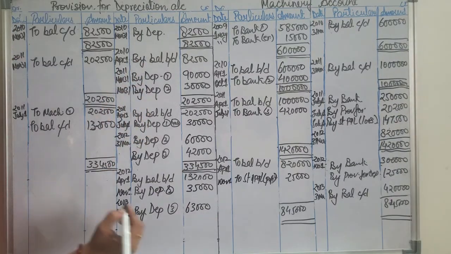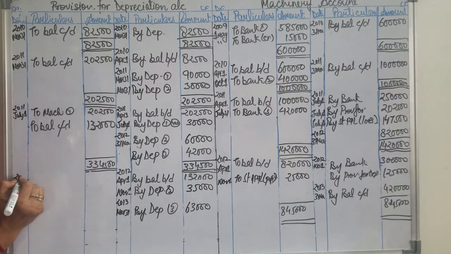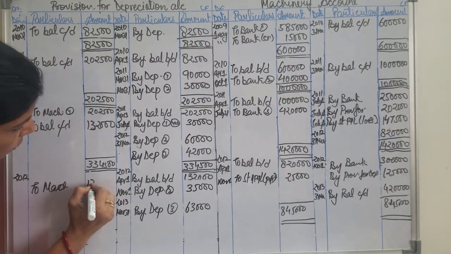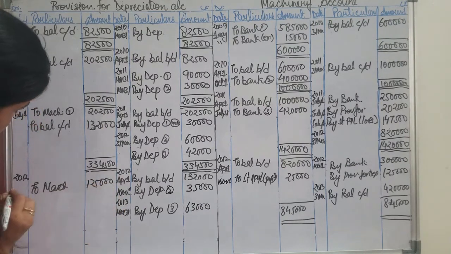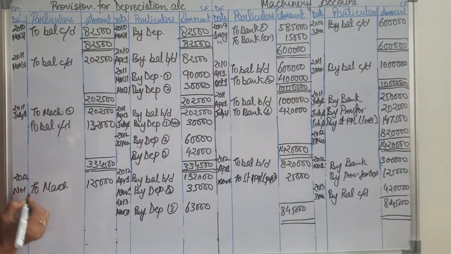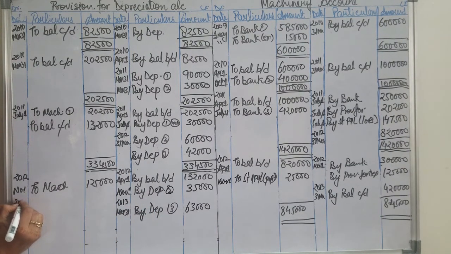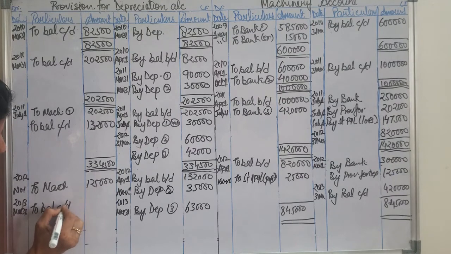The accumulated depreciation on our machinery 2 was 1,25,000. Right, so let's write that also here, November 1st. Okay, now it's time to balance the account and close the account. So let's do that. 2013, March 31st to balance carried down.